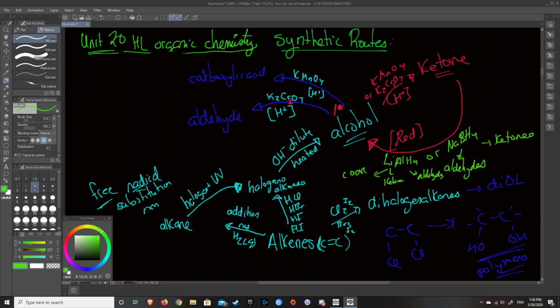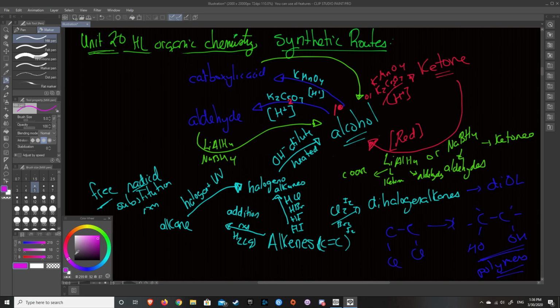This one you could use to reduce less things. So we can take this aldehyde and we can bring it back to an alcohol by again using lithium aluminium hydride or sodium borohydride. And the carboxylic acid we can bring back to an alcohol. But we can't use sodium borohydride just because it can't reduce carboxylic acids.